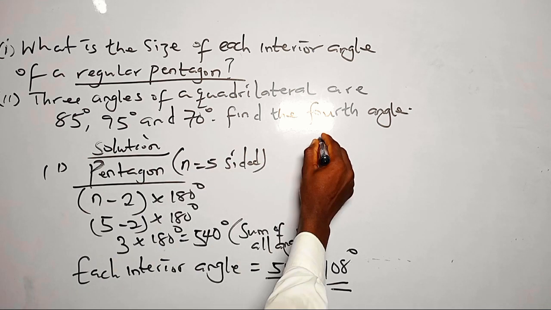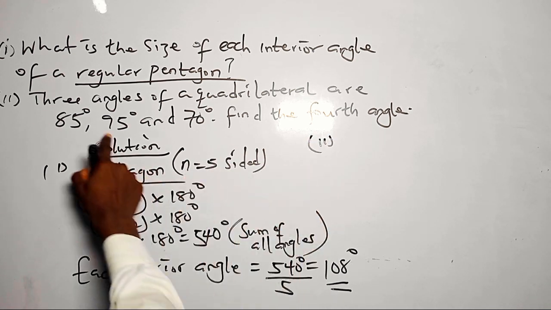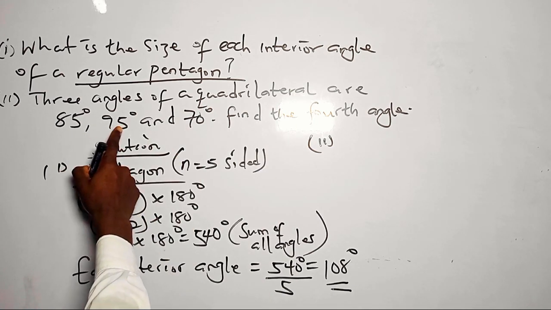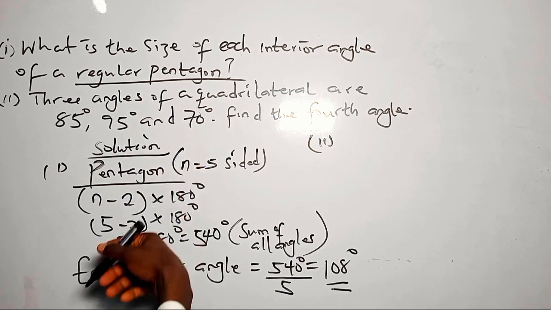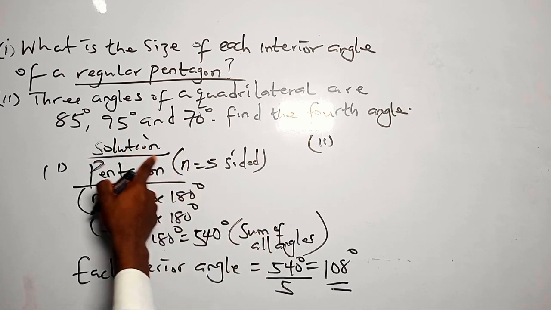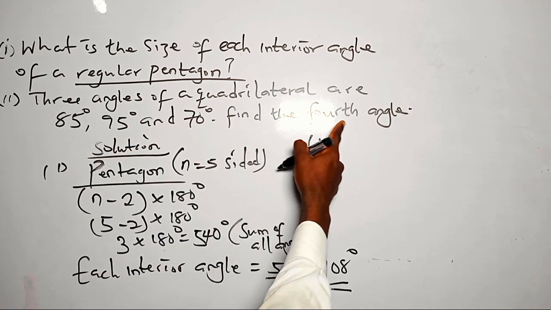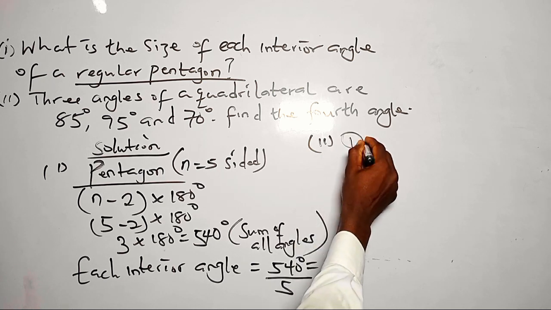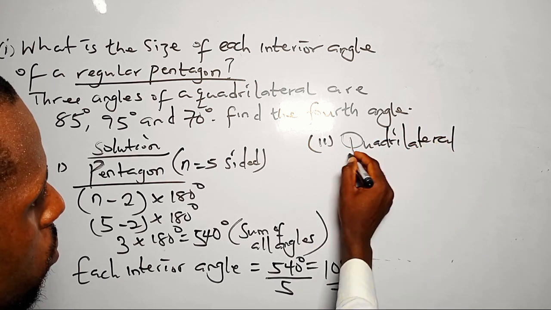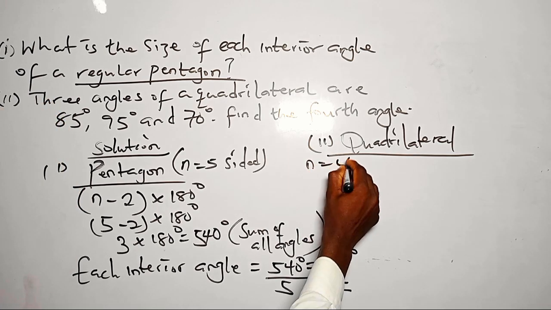So let's look at the second question. 3 angles of a quadrilateral are 85 degrees, 95 degrees, and 72 degrees. We know a quadrilateral is a 4-sided shape with 4 angles, so we have to find the 4th angle. For this quadrilateral, n equals 4.